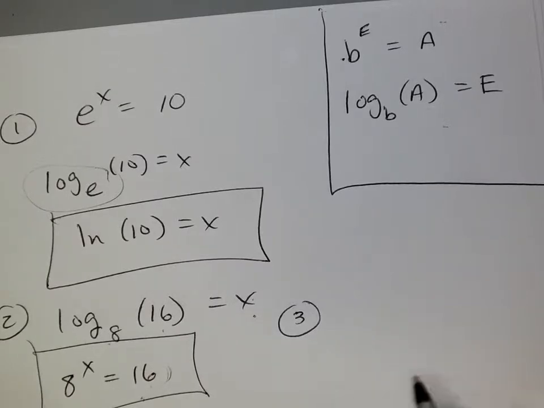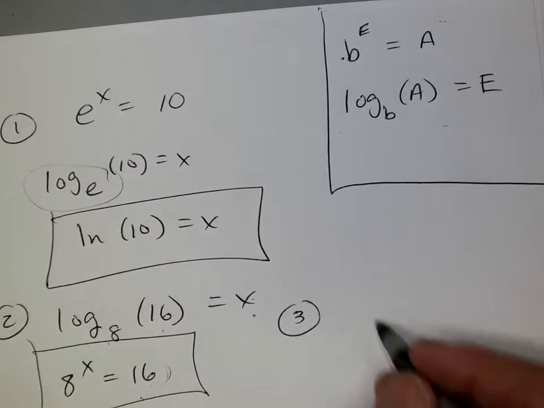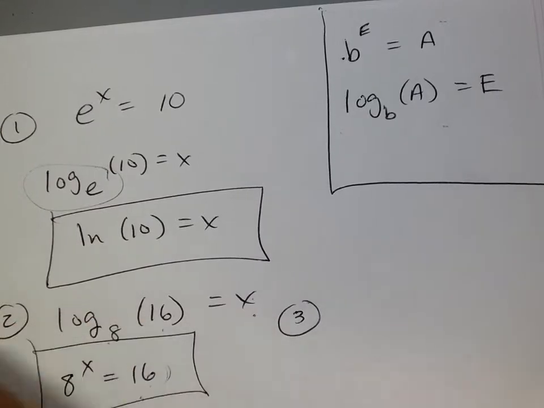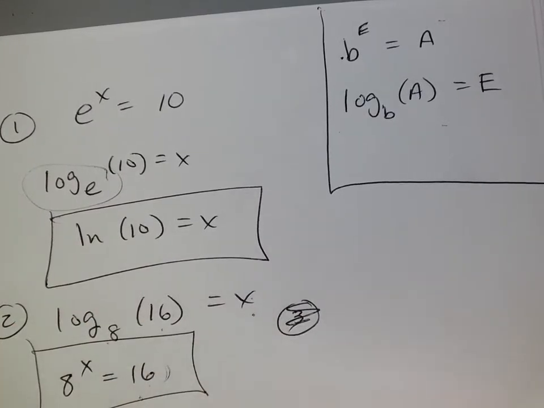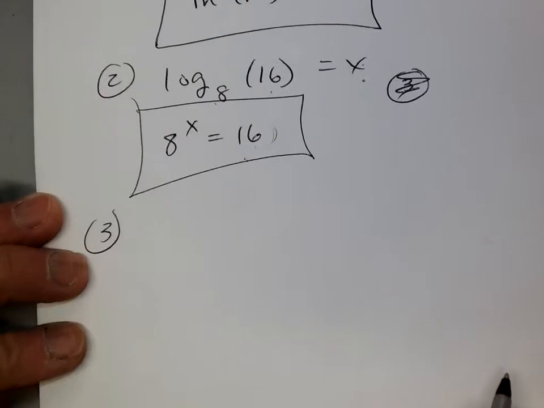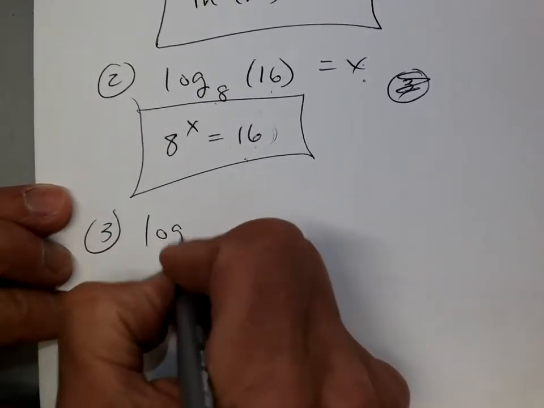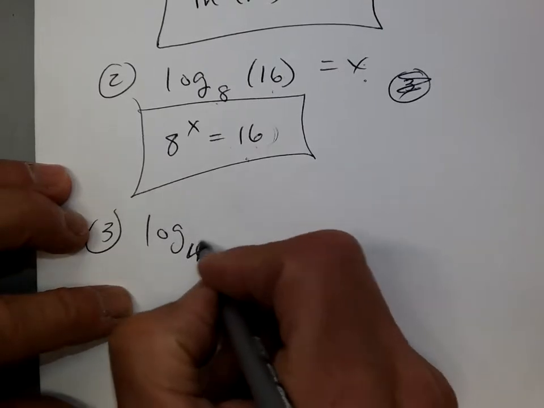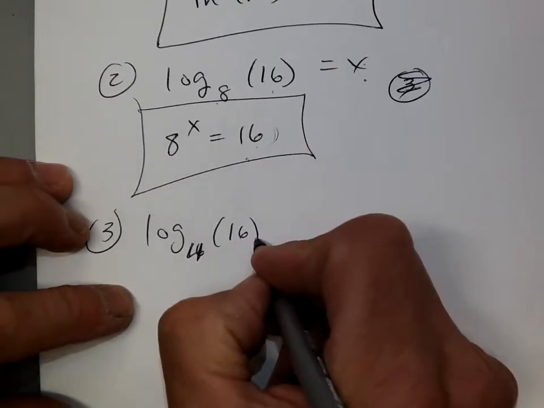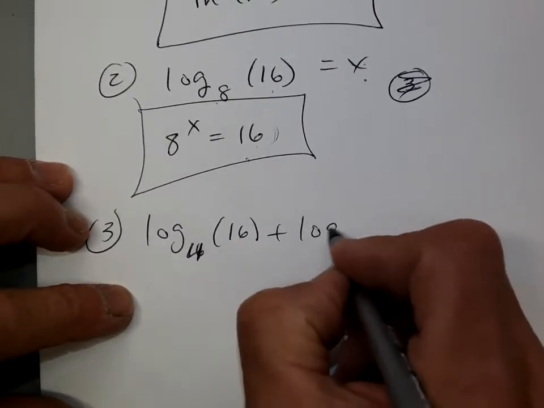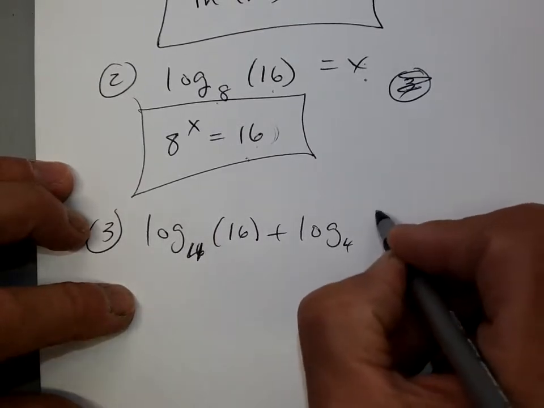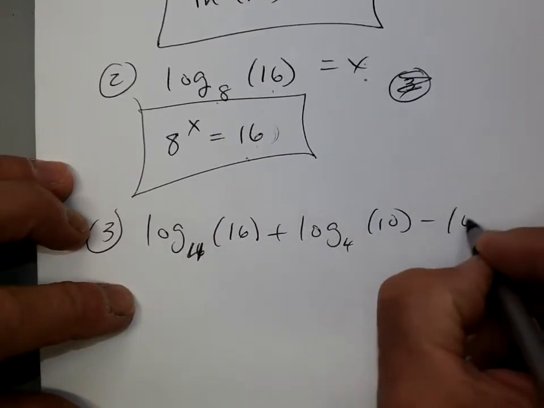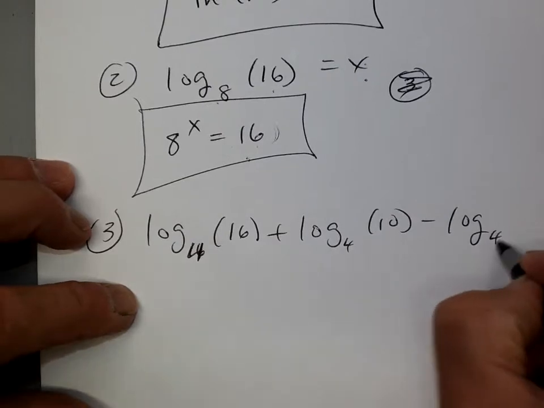Okay, 3. Rewrite this expression as a single logarithm. I better do 3 down here. It's too long. Slide this up. So I've got log base 4 of 16 plus log base 4 of 10 minus log base 4 of 20.